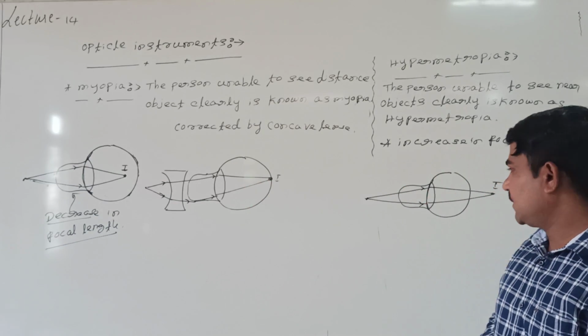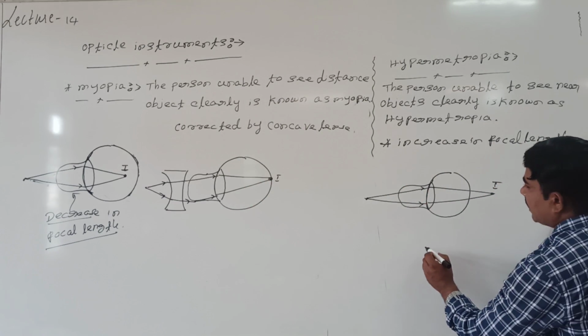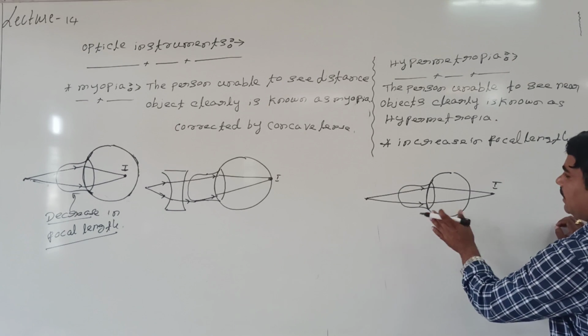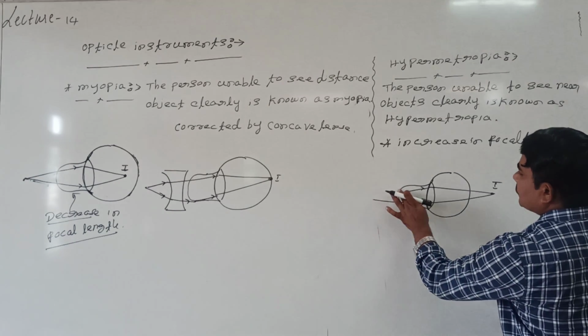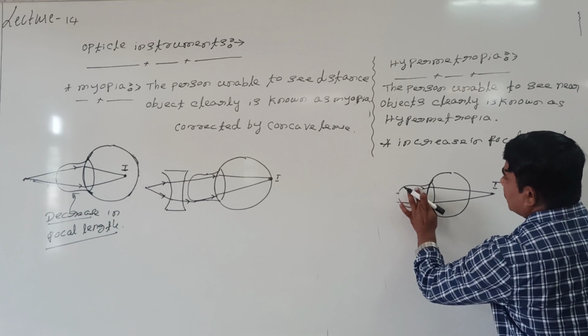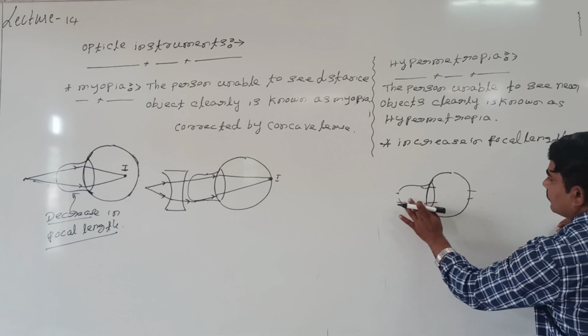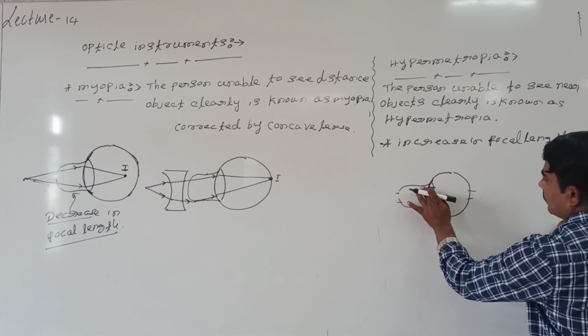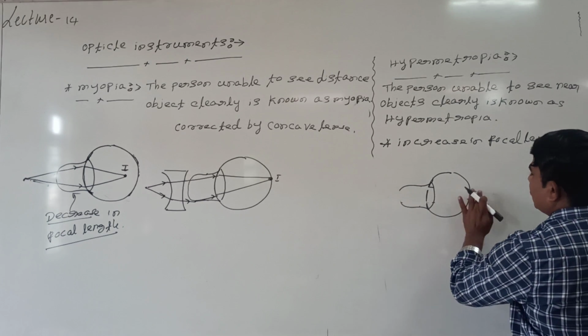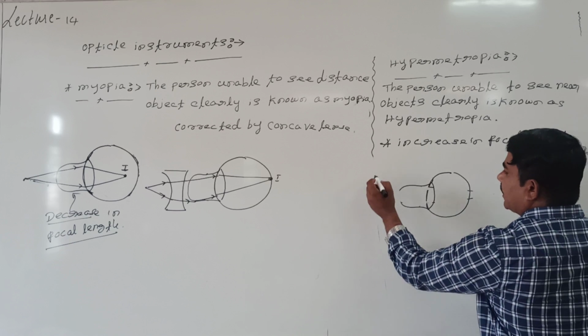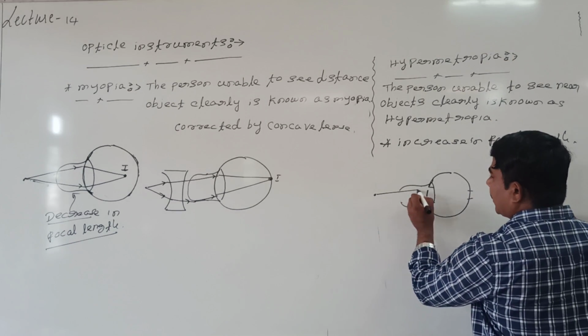See here, how it is in front of the eye. Again I will take, look at me, this is nothing but the structure of the human eye. Very simple. Then let us take any one object available here, ray of light incident.